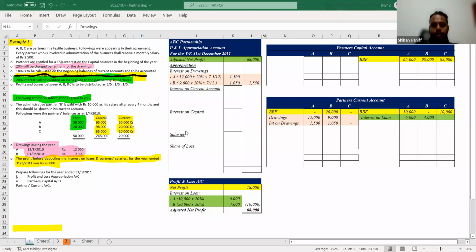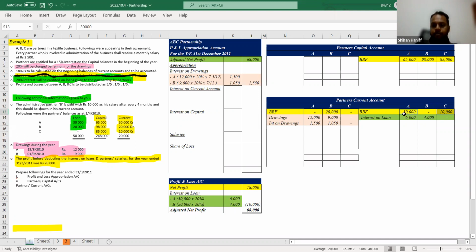Right. Then we have interest on current account. Most of the times it won't check, but let's understand double entry for that. Now, interest on current account means for the current account balances, we charge or pay interest.